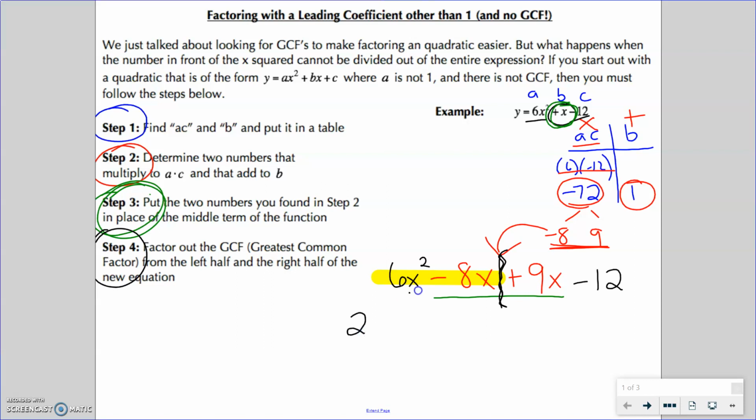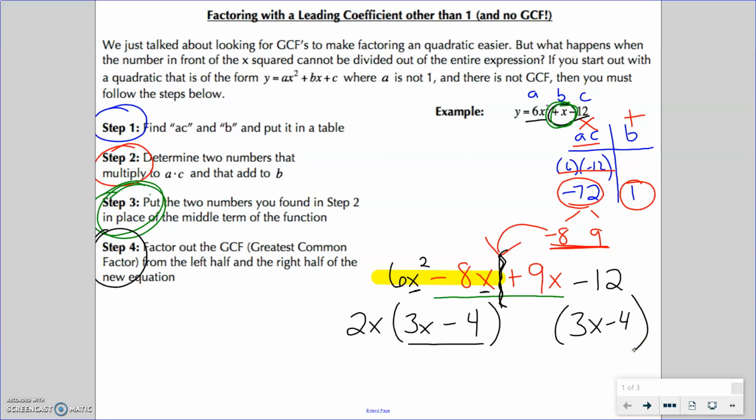But notice how this one has an x squared and this one has an x. So I could also take out an x. Then I say, all right, well, what's left over? 6x squared divided by 2x leaves me with 3x. -8x divided by 2x leaves me with -4. Okay, next step is you're going to take whatever this parenthesis was, leave a space, and then you're going to recopy it over here.